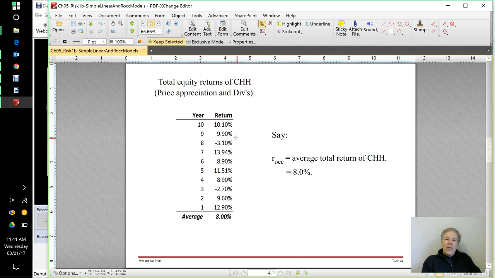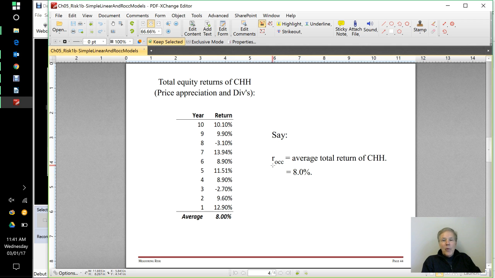The other thing I want to say while we're on this page is you'll notice here the average return is 8%, but on a year by year basis, Clayton is all over the map. So there's no guarantee we're going to receive our 8% cost of capital. 8% cost of capital is always an expected value, okay?